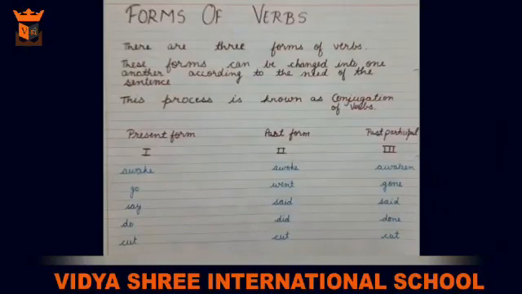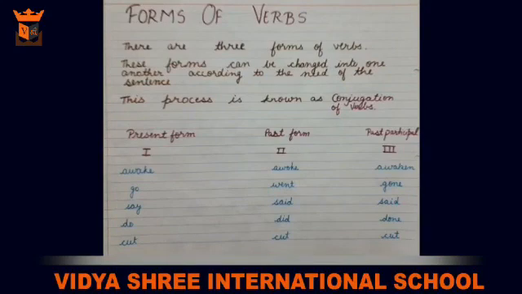Our next topic is forms of verbs. As we all know, there are 3 forms of verbs, and these forms can be changed into one another according to the need of the sentence.